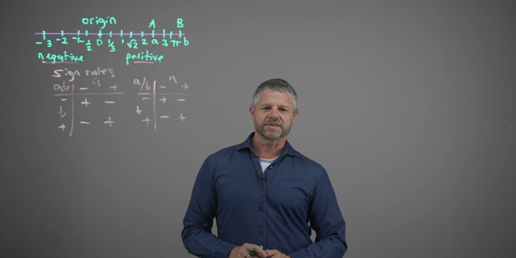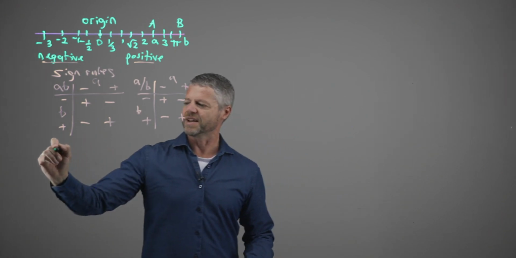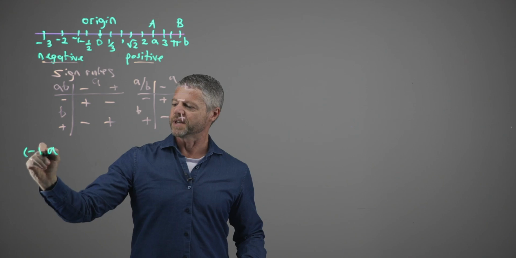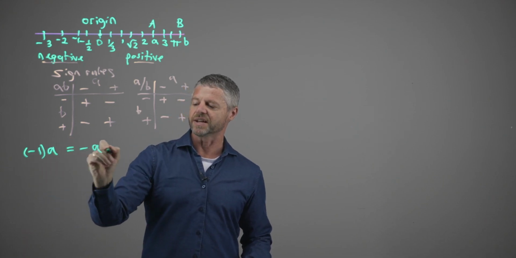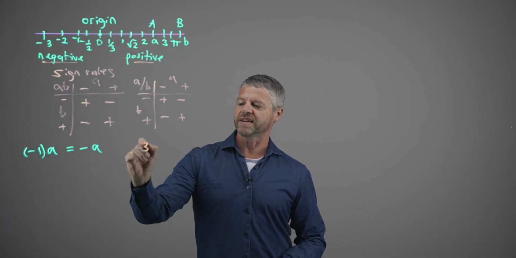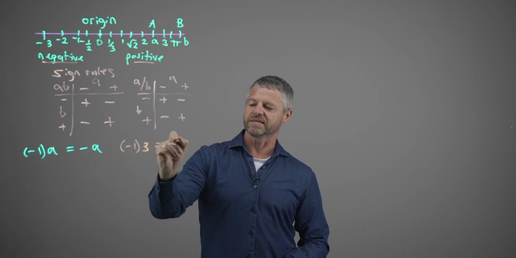Next, let's think about some properties of negative numbers. If I have a number A and I multiply it by -1, then I'll get the negative of that number A. For example, if I start with the number 3 and I multiply it by -1, then I get -3.